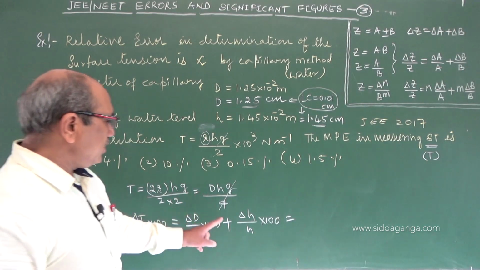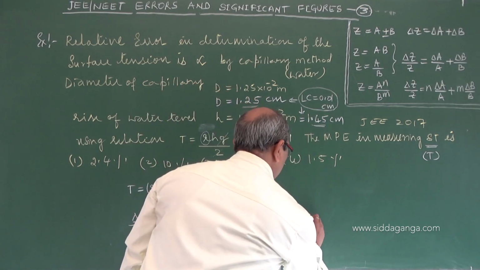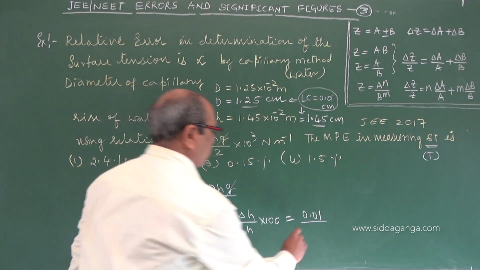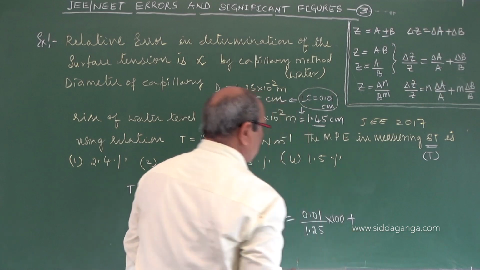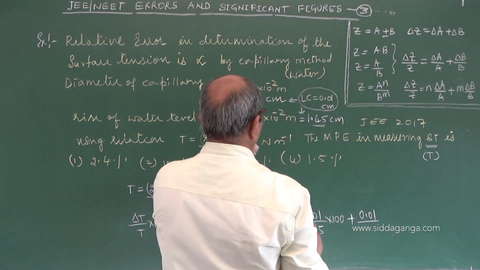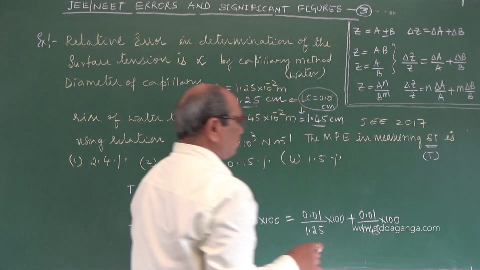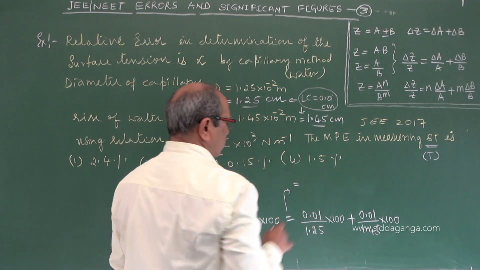Delta d or delta h is 0.01, so substitute in centimeters. D in centimeter is 1.25, so 0.01 by 1.25 into 100 plus 0.01 by 1.45 into 100.